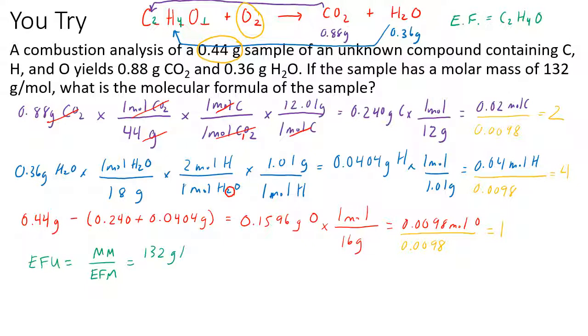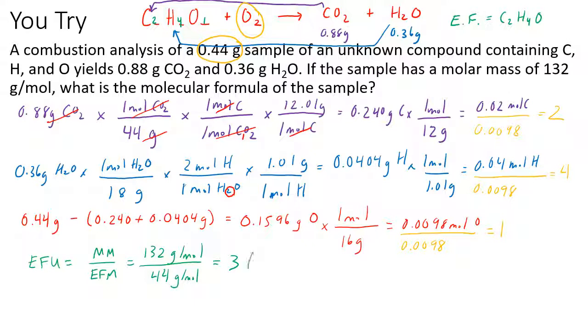132 grams per mole. And if we calculate our empirical formula mass, we're going to take 2 times 12 for the carbon, plus 4 for the hydrogens, plus 16 for the oxygens, and we're going to get 44 grams per mole. And when we divide, that tells us that there is going to be 3 empirical formula units in our true molecular formula.